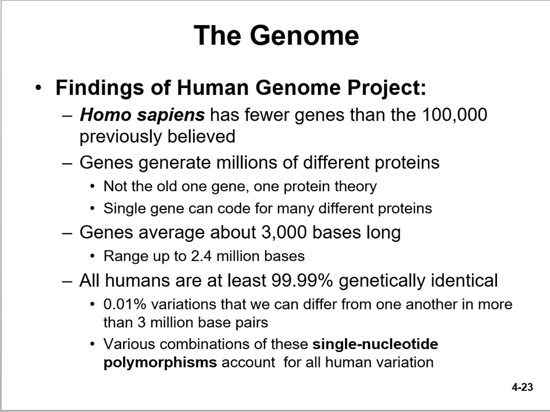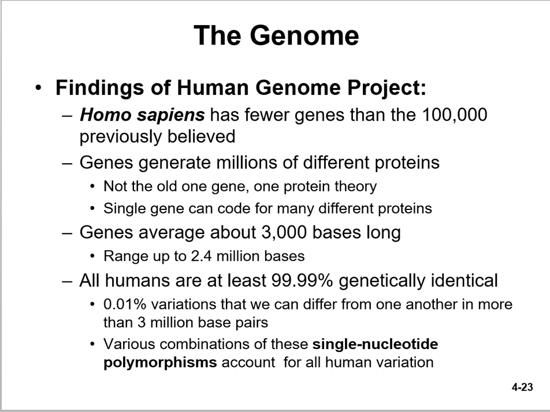So what we found, again, we suspected there were over 100,000 genes in a Homo sapien, but actually it's not that many. It's closer to 25,000 genes. Genes generate millions of different proteins, not the old one gene, one protein theory. A single gene can actually code for many different proteins.